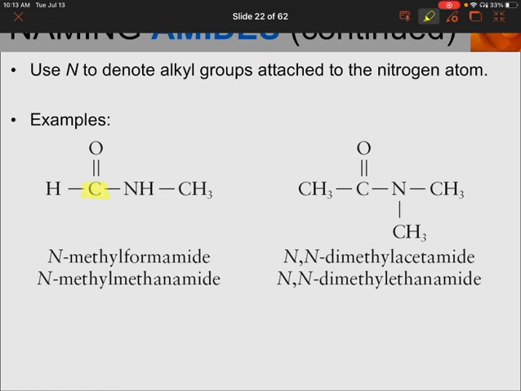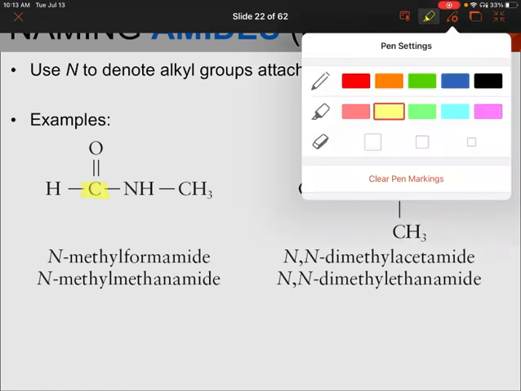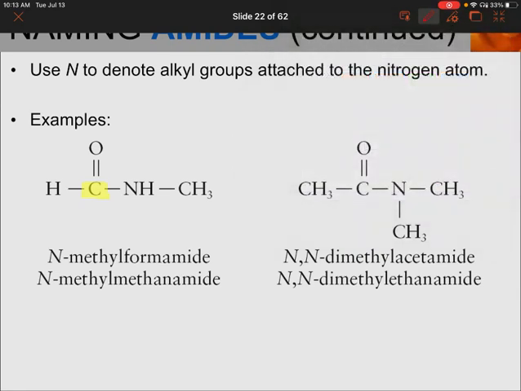If this were a carboxylic acid, we would call this methanoic acid, right? But because there's this nitrogen group attached, we're going to replace oic acid with amide. So that gives us methanamide.